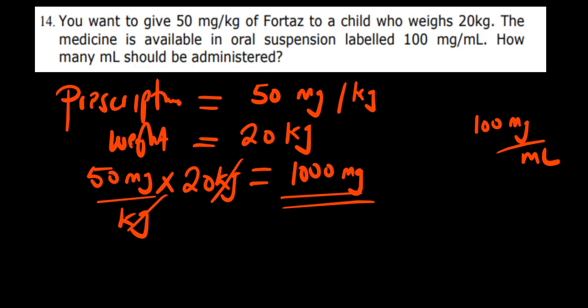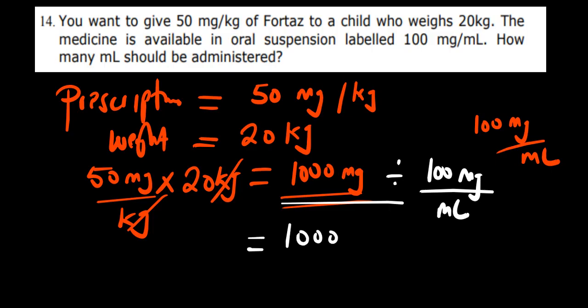So we already have 1000 milligrams, and we're going to divide this by the oral suspension, which is 100 milligrams per mL. When you divide that, we have 1000 milligrams multiplied by 1 mL over 100 milligrams.